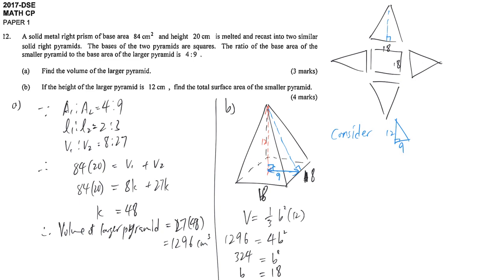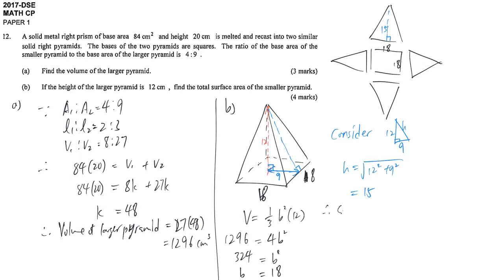So this is 9, and then we find the height here. I let it be h. h is equal to square root of 12 squared plus 9 squared, or by 3, 4, 5, you know this one is 15.